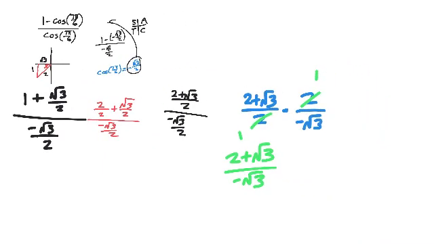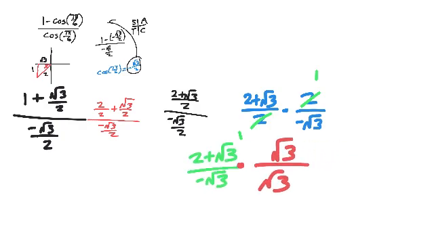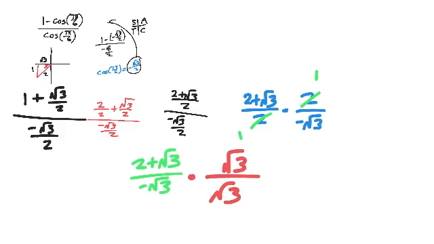Now we're not allowed to have a radical in the denominator, so I need to rationalize the denominator. So your calculator may do that for you, I don't know. But if I have to get rid of a radical 3, then I need to multiply by radical 3 in the numerator and denominator. So in the denominator, radical 3 times radical 3 is just 3. And then in the numerator, I distribute that.